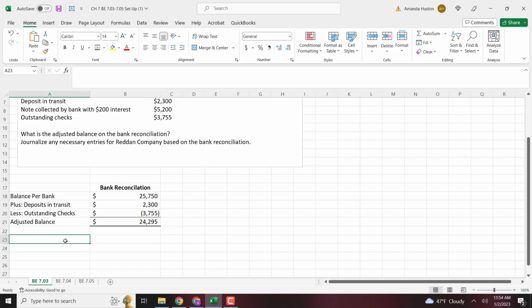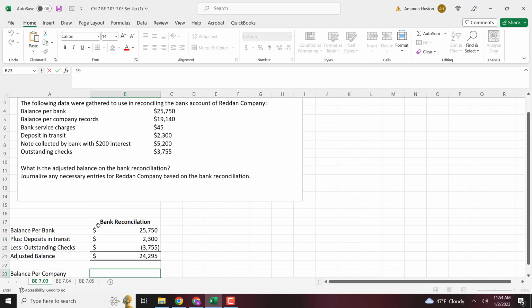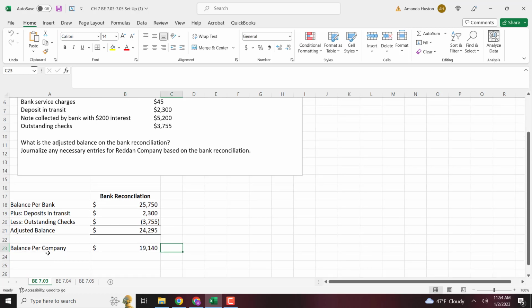So now we're going to do balance per company. This is 19,140. And we are going to do plus note collected.